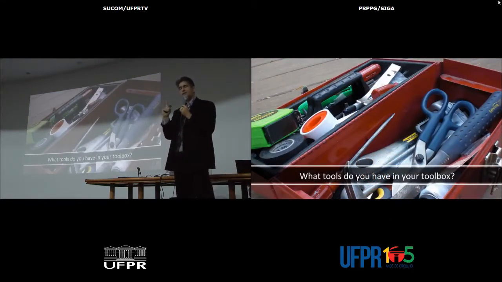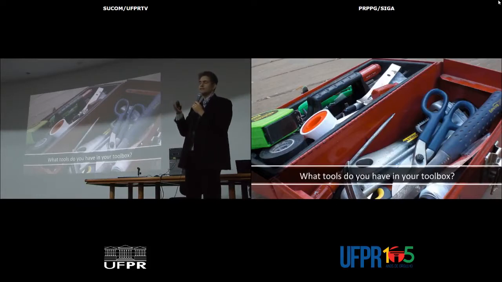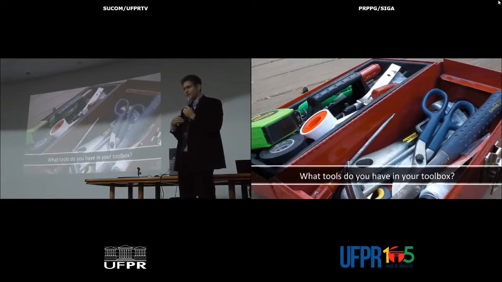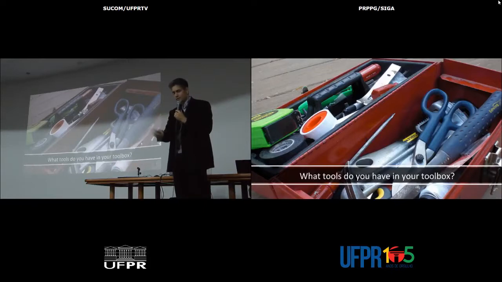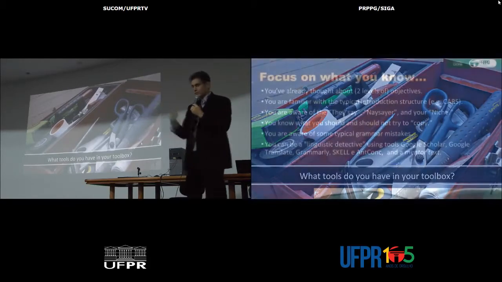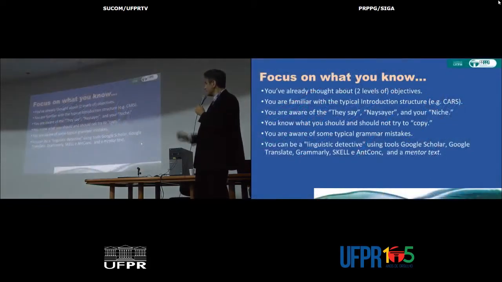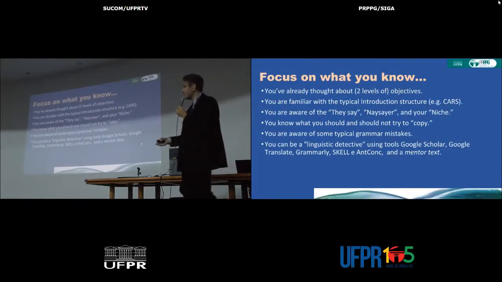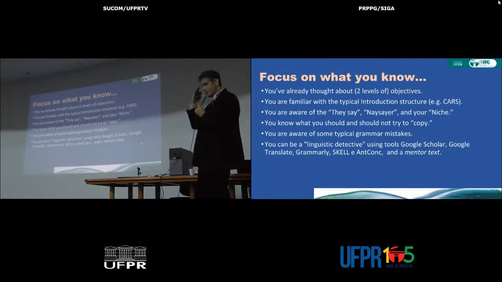So keep calm, write on, and look at the tools that you have in your toolbox. Remember the first day of class I said one objective of this class is for you to have the tools. I'm not going to just give you an article to write for this class, but hopefully you leave this course with a toolbox. And what do you have already? If you were here on the first day and the second day and the third day and today, you've already thought about your personal objectives, your general objectives of your research.